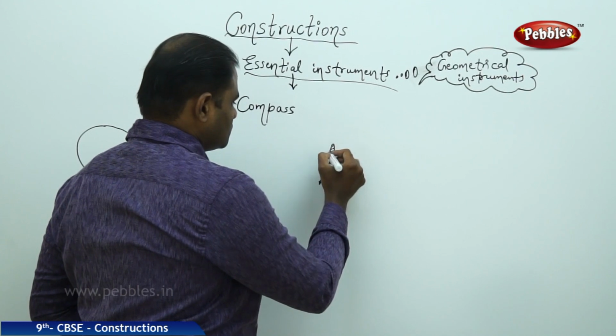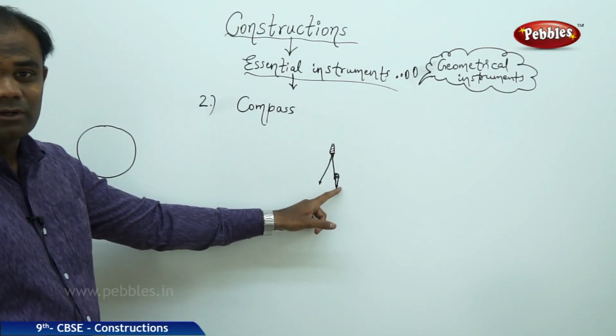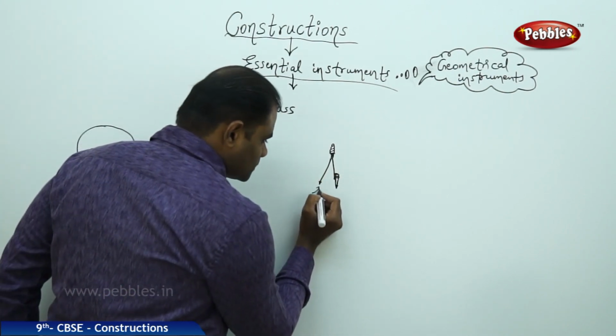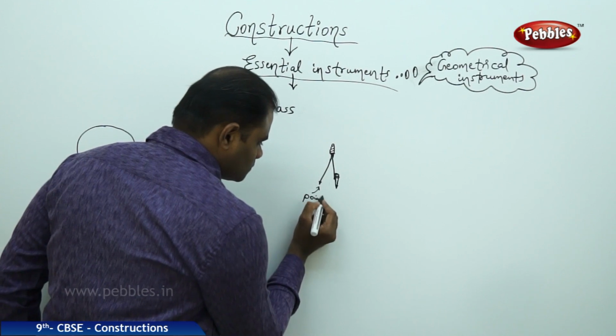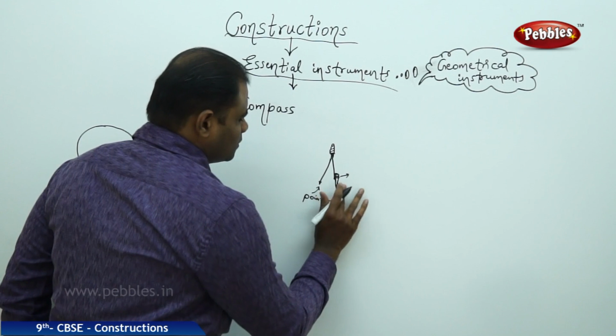A compass usually has a pencil which can be put on the other side, and this is the pointer of the compass. And this is the pencil holder.